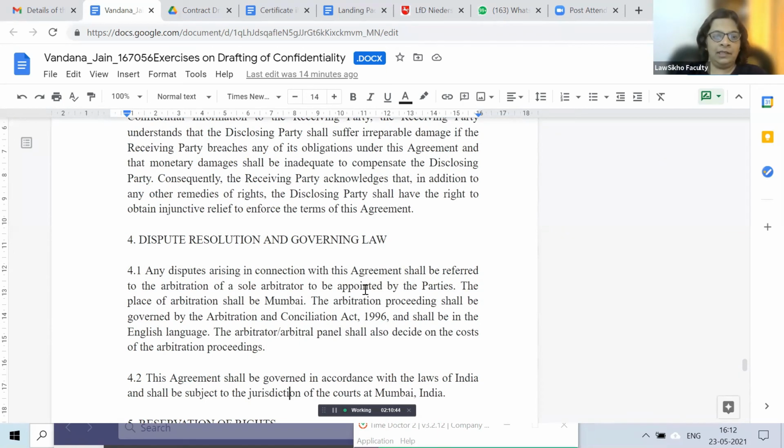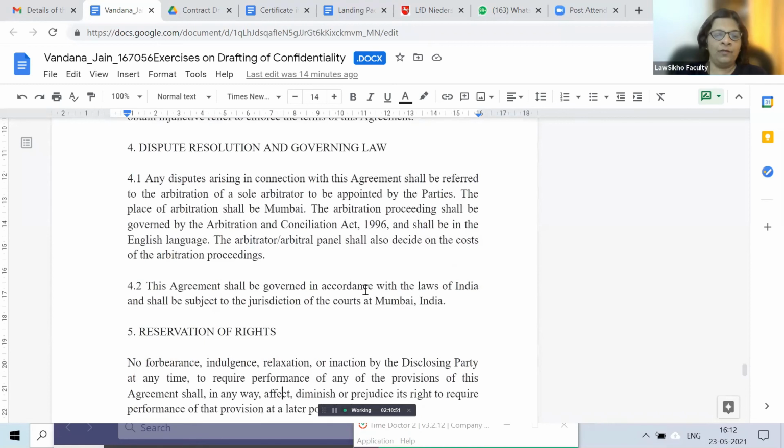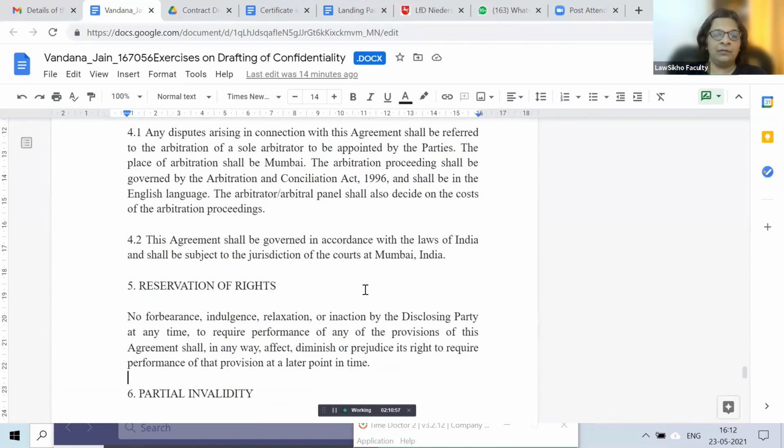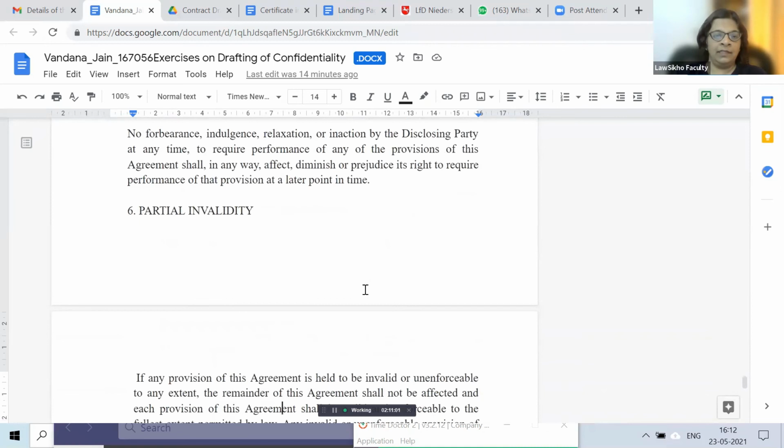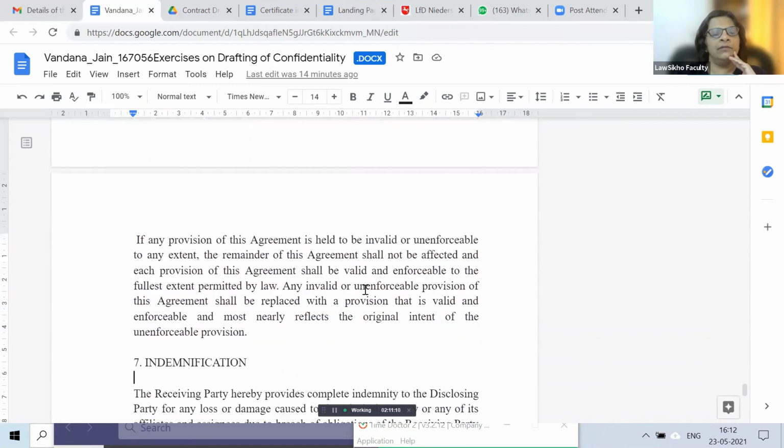Okay, and it will be governed in accordance with the laws of India. This is fine. No forbearance, indulgence, relaxation, or inaction by the disclosing party will affect, diminish, or prejudice its right to require performance of the provision at a later point. If any provision is held to be invalid or unenforceable, the remainder will not be impacted. Okay, this is all fine.